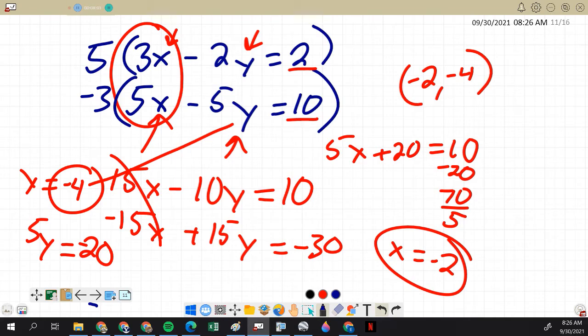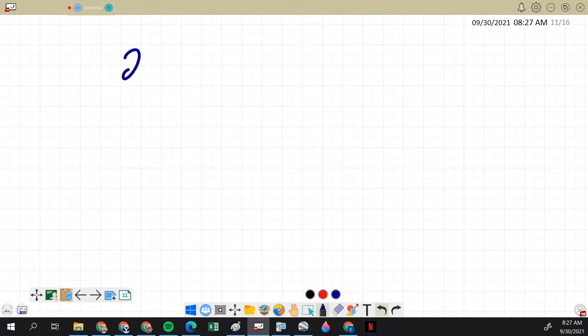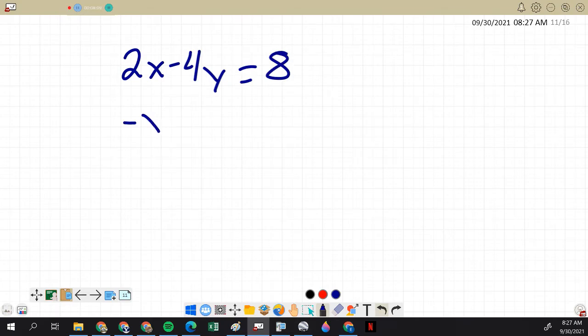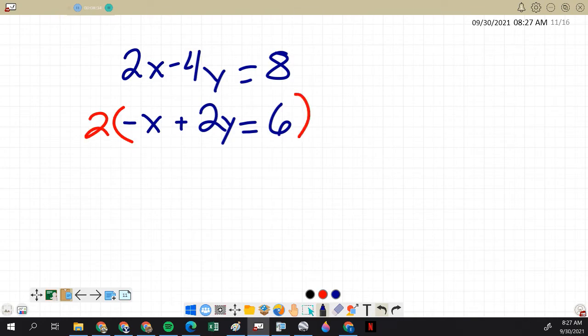Okay. Well, sometimes we get an answer that's a little bit different. Oh, 2y. How am I going to set this up for elimination? So we'll double the bottom, and we get -2x plus 4y equals 12.